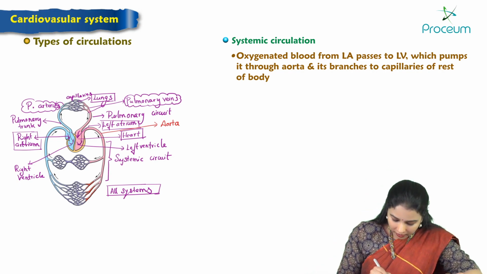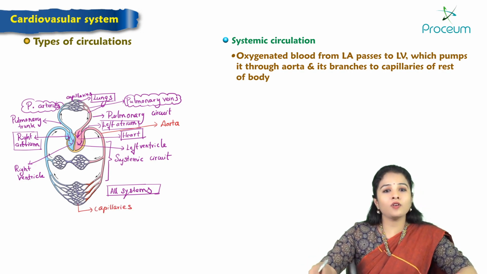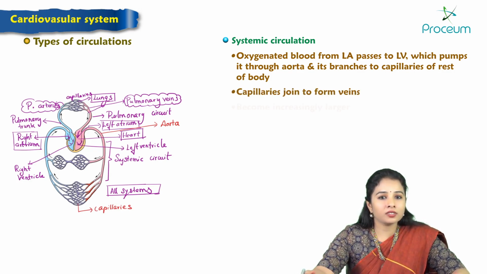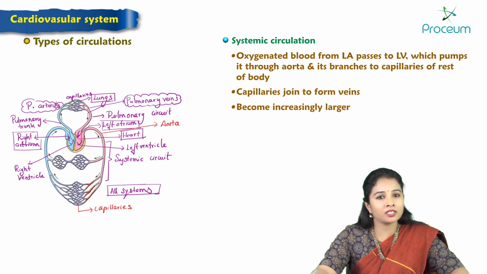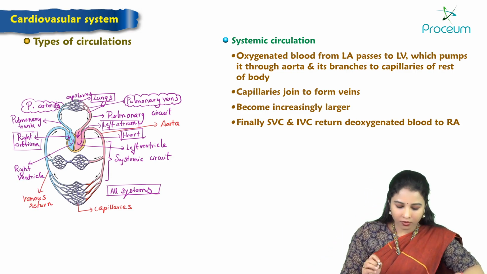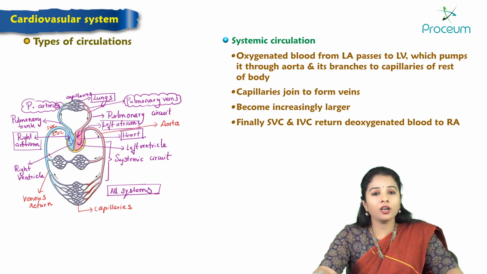So we can see here capillaries of systemic circulation, and capillaries join to form veins, which become increasingly larger in diameter, and finally they form superior and inferior vena cava, which return the deoxygenated blood to the right atrium of the heart. Superior vena cava and inferior vena cava to the right atrium of the heart. So this completes the systemic circulation.